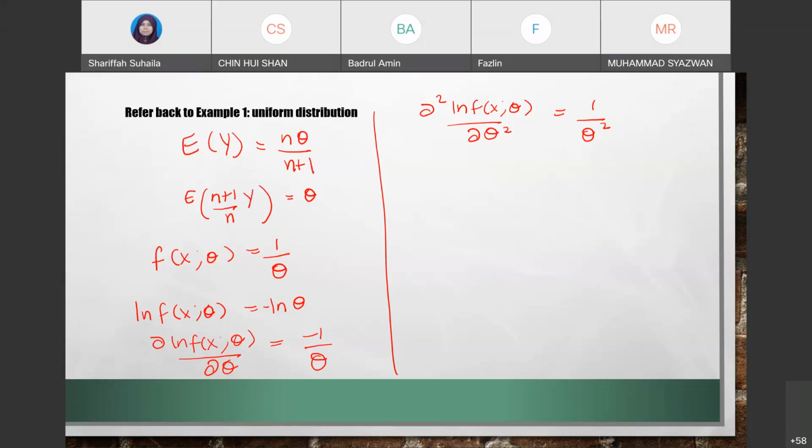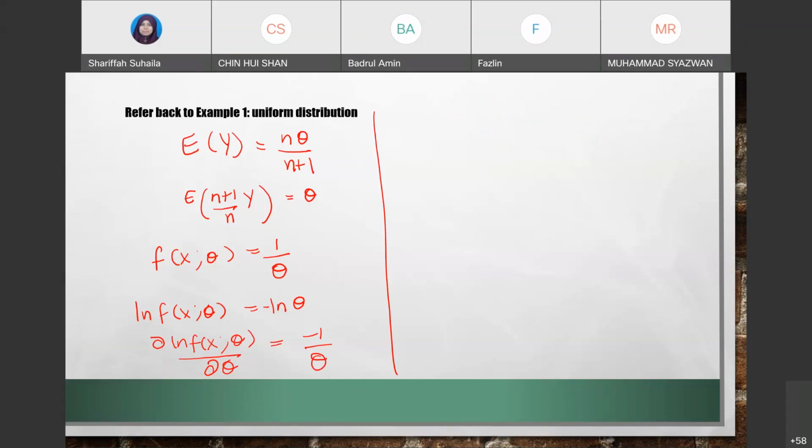Sorry. Yang ni kita tak boleh ambil ni. Sekejap ya. Okay, untuk uniform distribution, kalau this one dia tak jalan, this second derivative ni dia tak sesuai. Okay. So normally kita akan ambil this one. Sebab bila kamu pakai second derivative, kamu akan ada negatif. Okay. Tapi at the end tu answer kamu tu akan jadi negatif nanti.